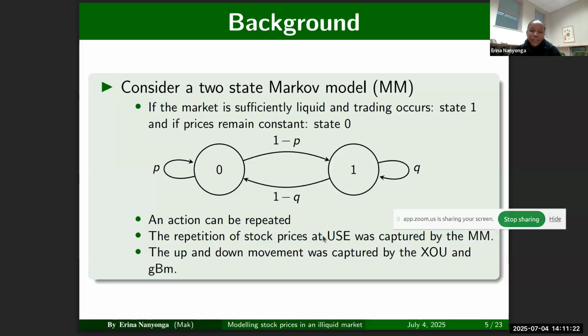The repetition of stock prices at USE was captured by the two-state Markov model, and the up and down movement was captured by the exponential Ornstein Uhlenbeck model, which is an SDE, a stochastic differential equation, a differential equation that contains randomness, and geometric Brownian motion, which is the simplest stochastic differential equation.